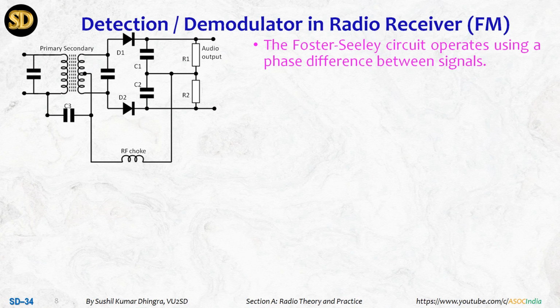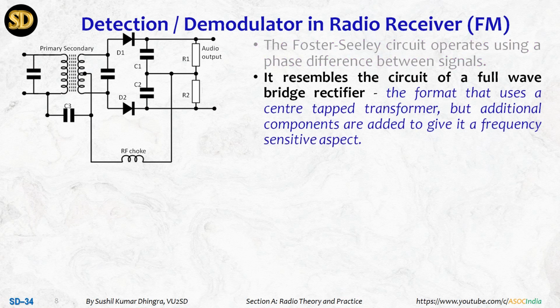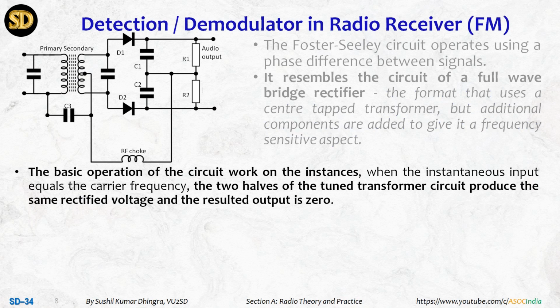And the RF choke is very important. It resembles the circuit of a full wave bridge rectifier style, the format that uses a center tap transformer, but additional components are added to give it a frequency sensitive aspect. Now this circuit is frequency sensitive.